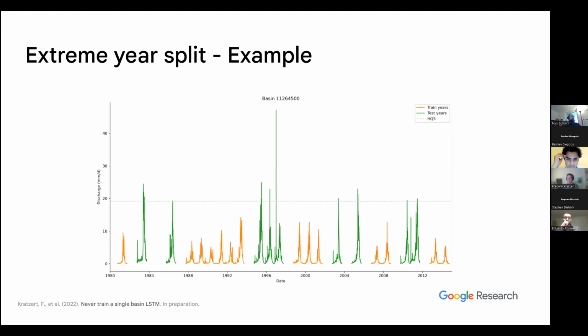Every year where the maximum annual peak is above a 5-year return period is a test year. So the orange years here are the training years for this particular basin. Green years are test years. We added some buffer around the test years to make sure that there's no data leakage across the different training and validation sets. And the gray dashed line for this particular basin is the 5-year return period.